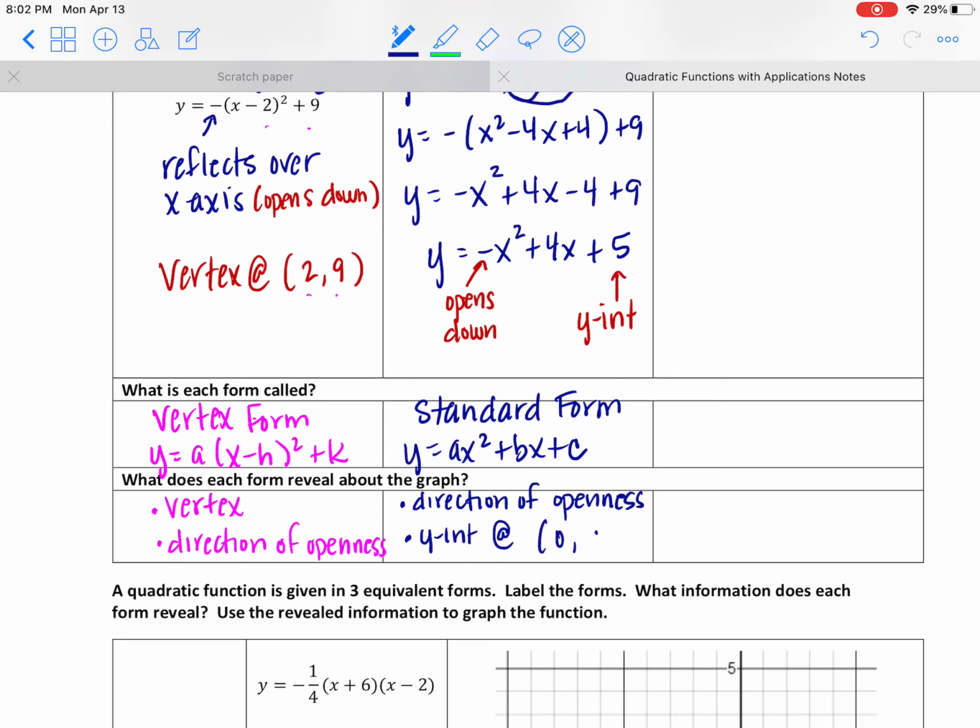Actually, technically (0, c). So whatever c is right here, that's where your graph crosses the y-axis. And here I should have said also, to be more specific, your vertex is at (h, k). So it's the opposite of this number, and we keep that number the same.